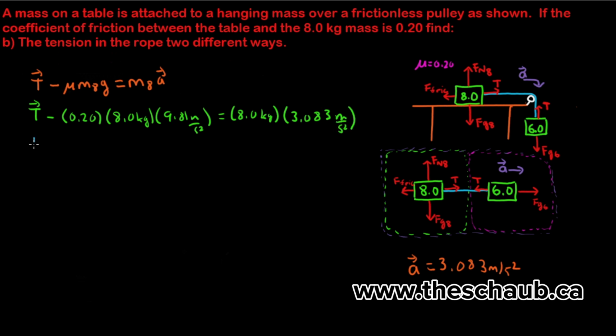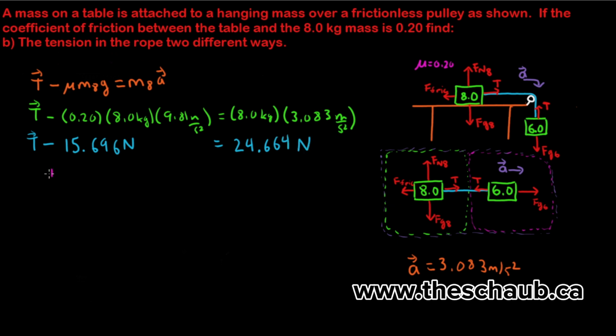Completing these multiplications, we have tension minus 0.2 times 8 times 9.81, which is equal to 15.696, keeping some extra decimal points to avoid rounding errors. And this is equal to 8 times 3.083, which is 24.664 newtons.